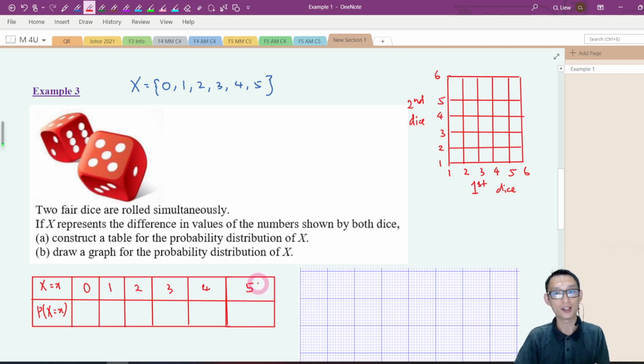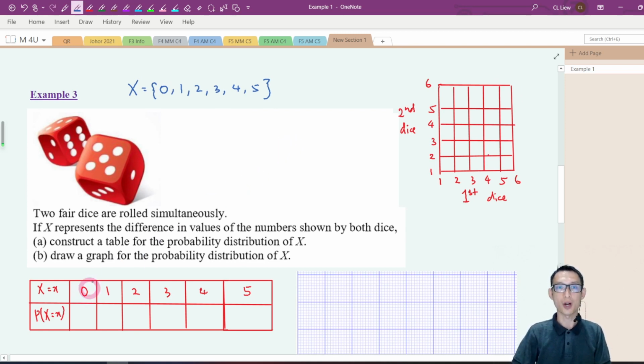So it's actually very easy. We can just use this diagram to help us get the answer. Let's look at the first one. P(x = 0) means that both values shown are equal, no difference. So it can be 1 1, 2 2, 3 3, 4 4, 5 5, and 6 6. So in total, how many possible outcomes? 6 times 6, you will get 36.